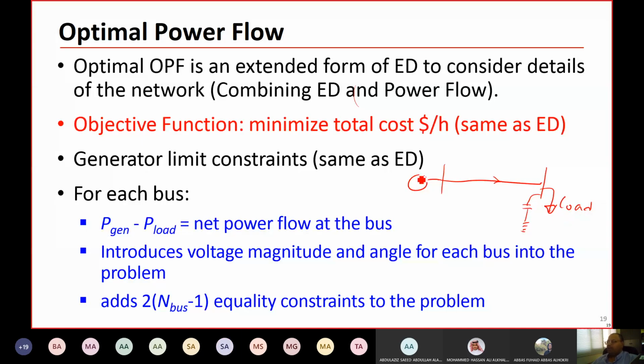You don't need to have the reactive power come from the generator all the way through the transmission line to your load. In industrial plants, they install power factor correction capacitors in order to generate the reactive power locally. So what they need from the Saudi electricity company is only the real power.